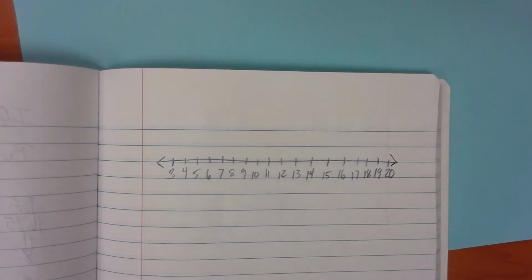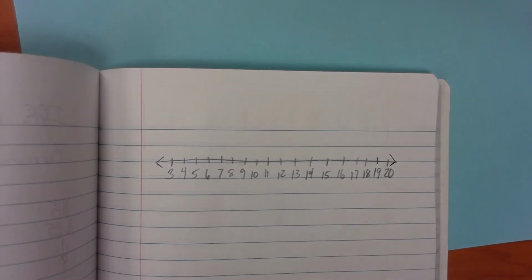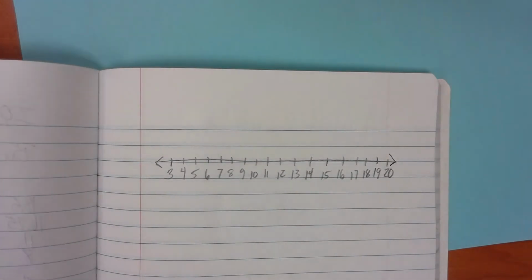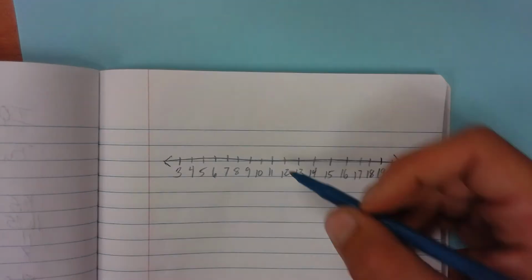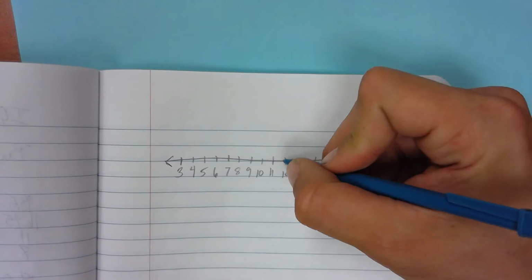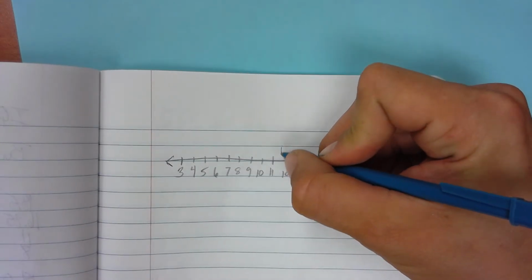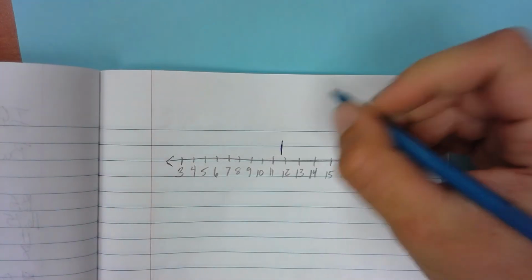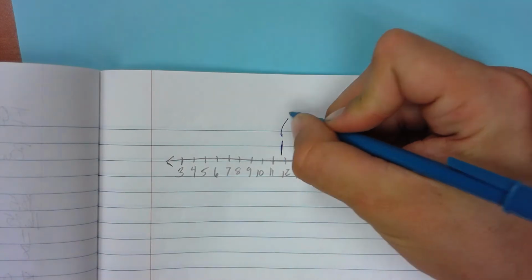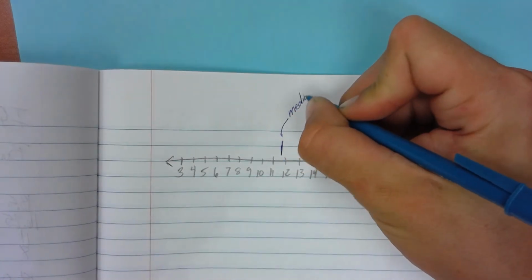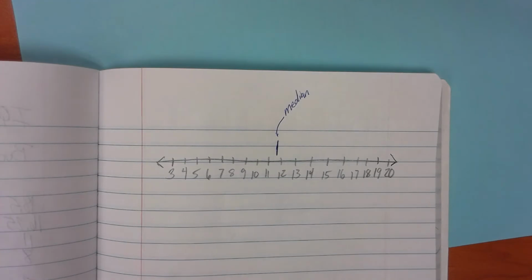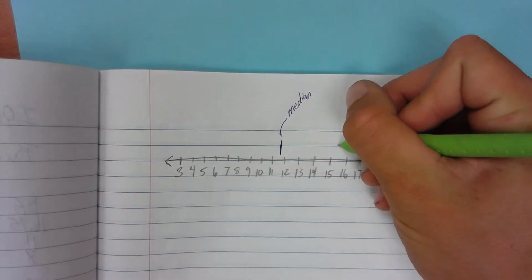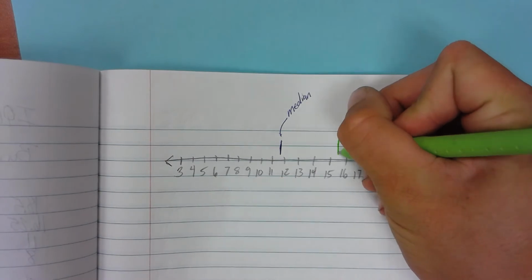The first thing I'm going to mark, and I'm trying to keep my colors matching, is my median, which was at 11 and 75/100ths, so just a little bit above, close to 12, about here. This is my median. My third quartile was 15.5, so halfway between 15 and 16. I'm drawing another line.